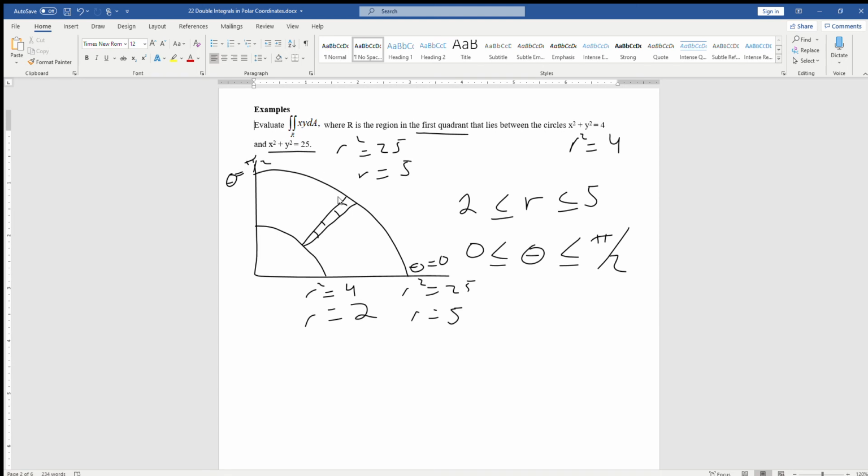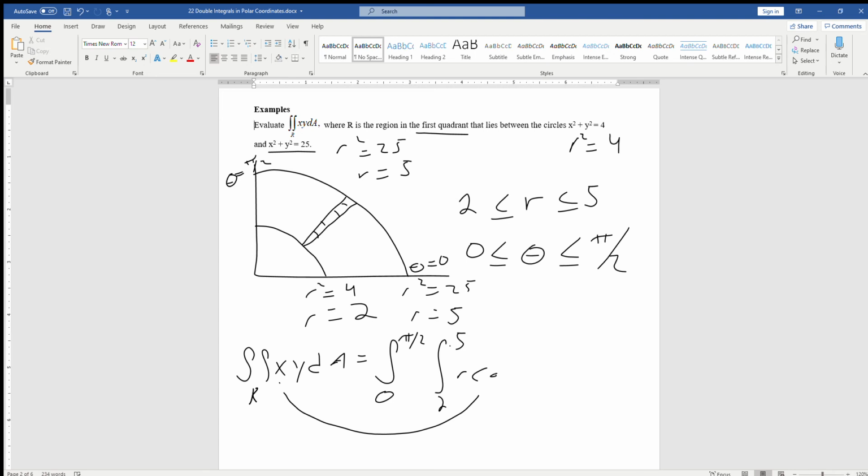Our double integral of the region R of xy dA is now going to be equal to 0 to pi halves, and then from 2 to 5. Notice that x is going to be equal to r cos theta.